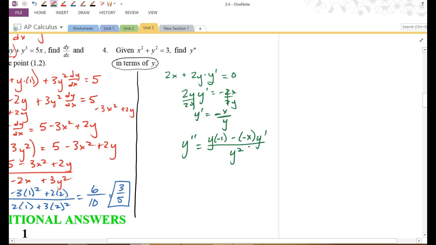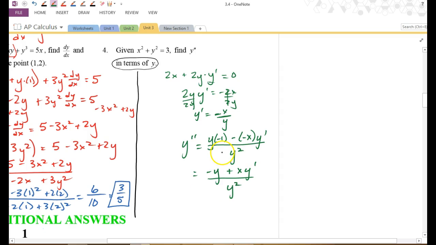Okay, so now this is quite interesting. I'm going to simplify this so that you can see what we've got. We've got negative y minus a negative, so plus xy over y squared. Okay, so right now I have this in terms of y's, x, and y derivative. So what I need to do is somehow manipulate this x and the y derivative.